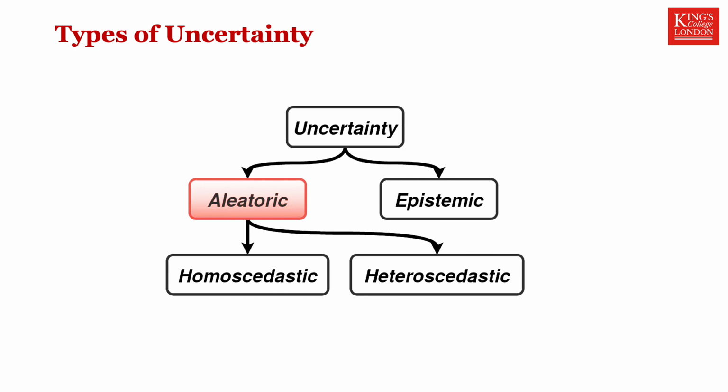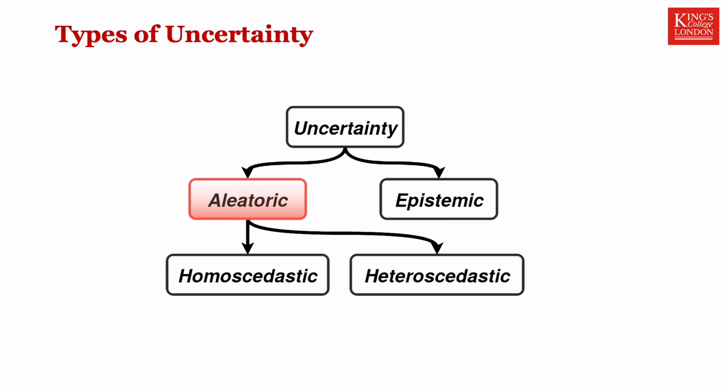Obviously, heteroscedastic is a superset of homoscedasticity. So homoscedastic uncertainty is something where the uncertainty is the same throughout the image. And if you assume that the uncertainty can be different everywhere, which is what heteroscedastic assumes, then they can also be the same everywhere, which means homoscedastic is part of heteroscedastic.